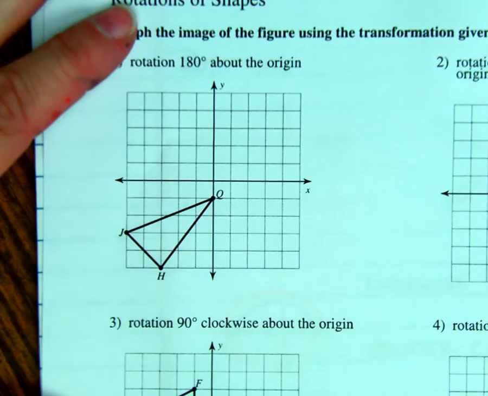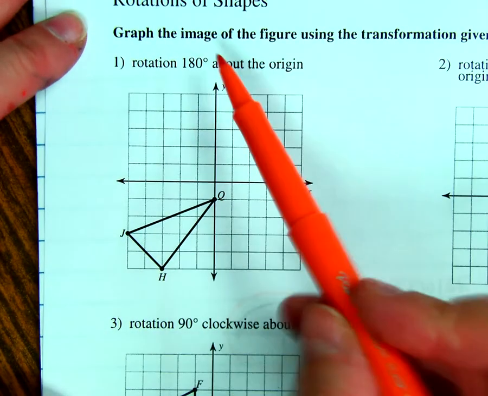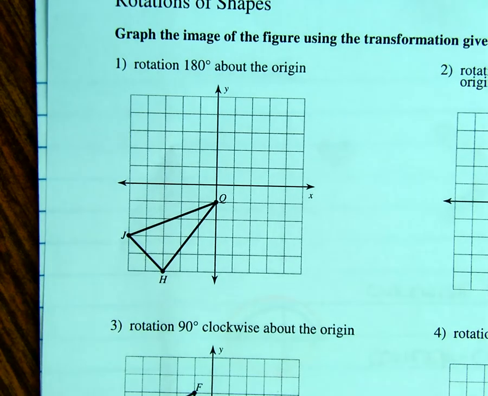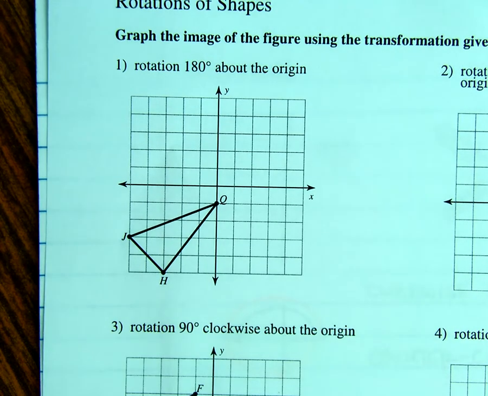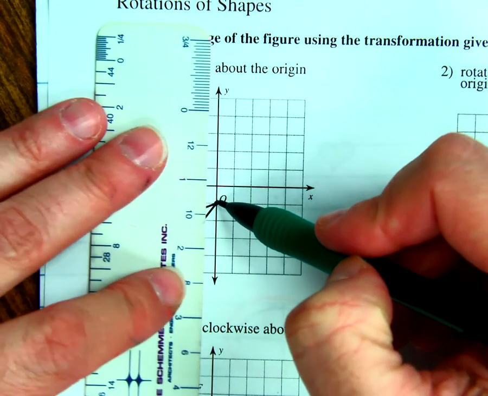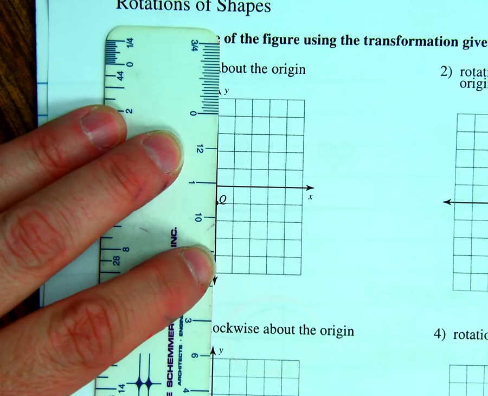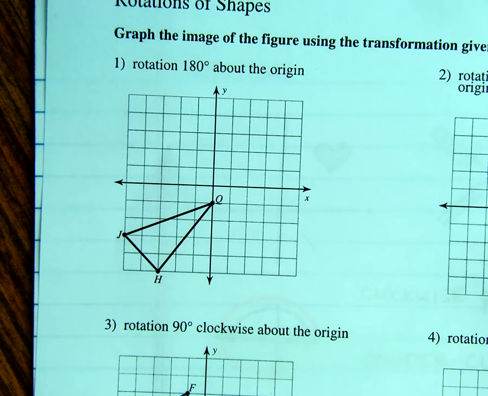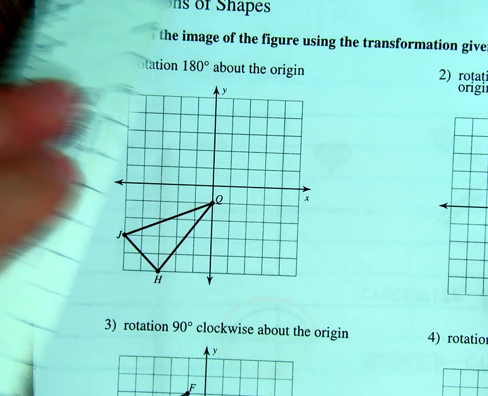Okay? So if I have a rotation of 180 degrees, what I like to do is to have a ruler and a pencil. And because we are rotating about the origin, I am going to draw all of my lines. Let's see if there's another shape that I want to use. I'll use this one instead.